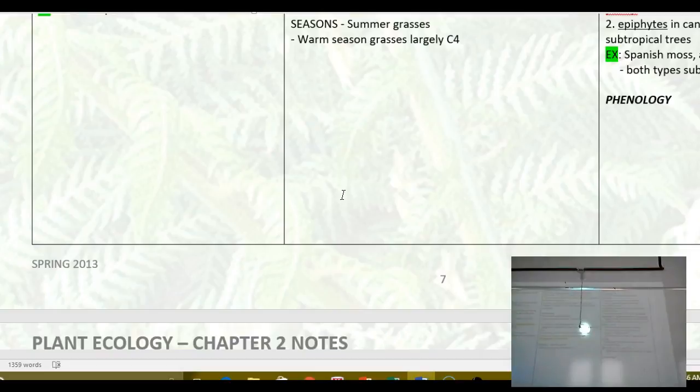So we don't see, other than the fact that we know that there is a unique environment for them. We talked a little bit about it up here, where there are higher levels of precipitation or predictable levels of precipitation might be where we start to see phenology for CAM plants.